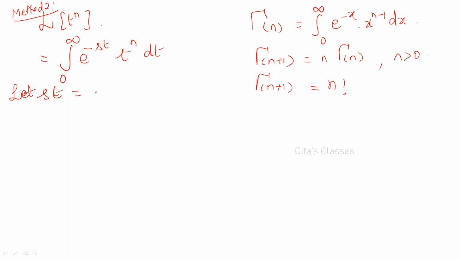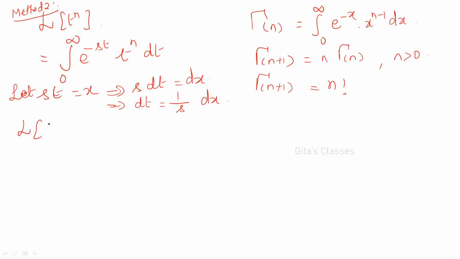Then s into dt is equal to dx, or dt is equal to 1 by s into dx. When t is equal to 0, x is also 0. When t is equal to infinity, x is also infinity.